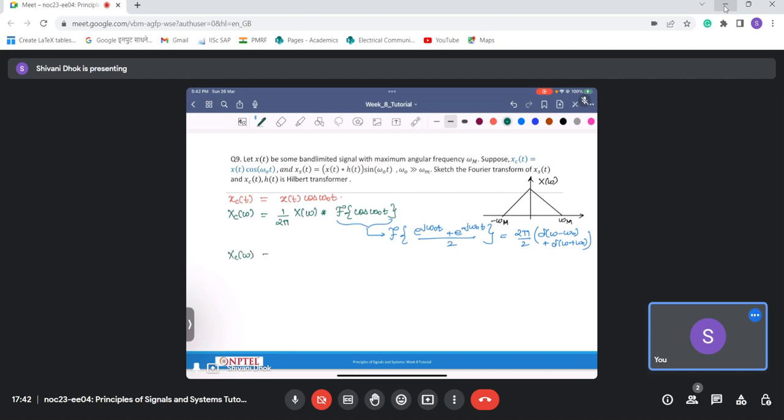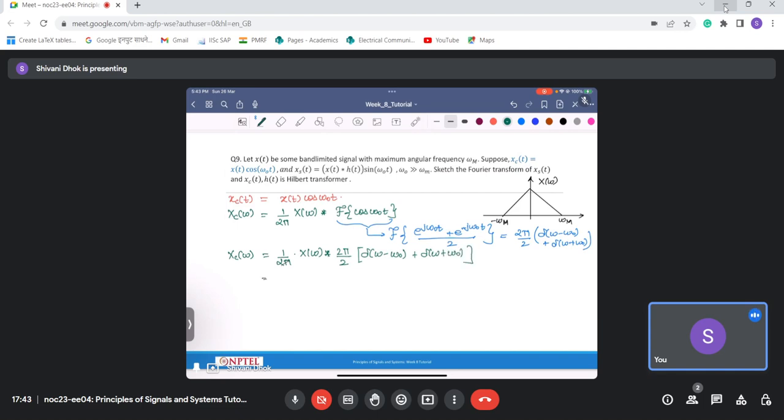Therefore, Xc(omega) is basically equal to 1 over 2 pi into X(omega) convolved with 2 pi by 2 times delta(omega minus omega naught) plus delta(omega plus omega naught).